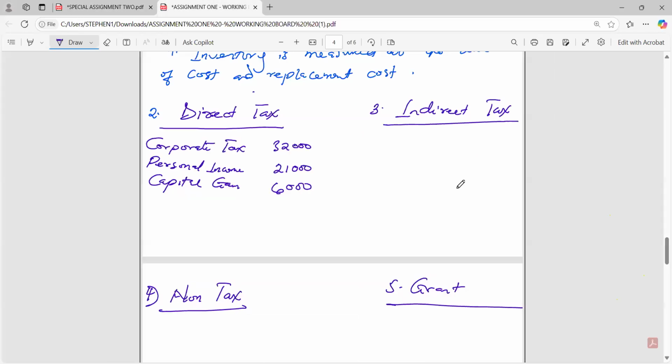Good. Now, come to the indirect tax. So indirect tax, you have taxes on goods and services. How much? 40,200. We have import duty. How much? 44,000.